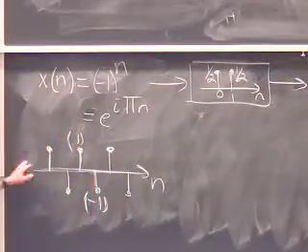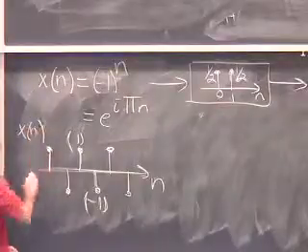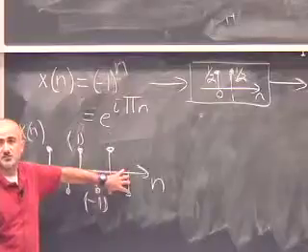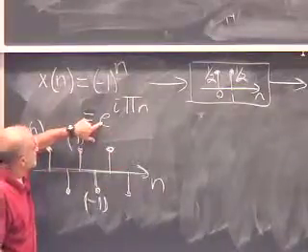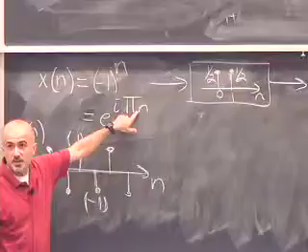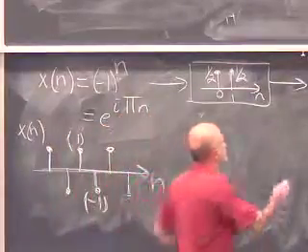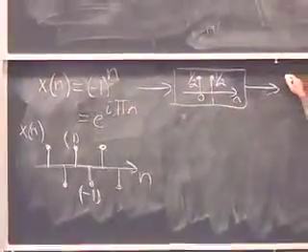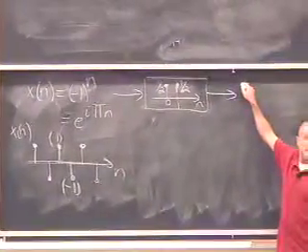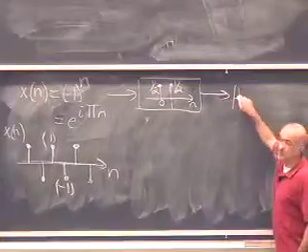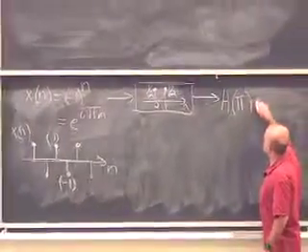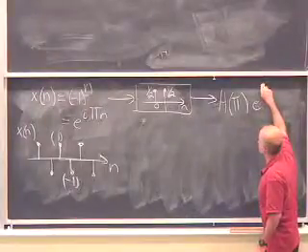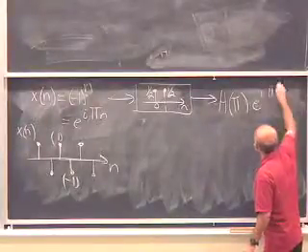Okay? This is the input signal, x of n. In a previous lecture, I told you this is the highest frequency discrete time signal you can find. So you can represent that as e to the I pi n. And so what comes out at the output is what? Y, H of pi times e to the I pi n.